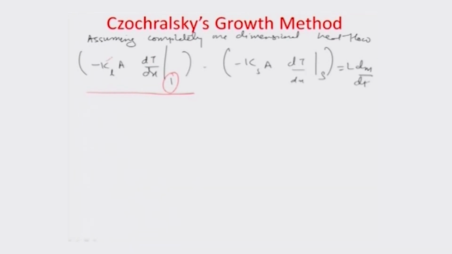So, K_L is the thermal conductivity of the liquid melt. A is of course the interfacial area of the zone of fusion, and dT/dx is the temperature gradient available across that interface between the liquid in the crucible and the zone of fusion.